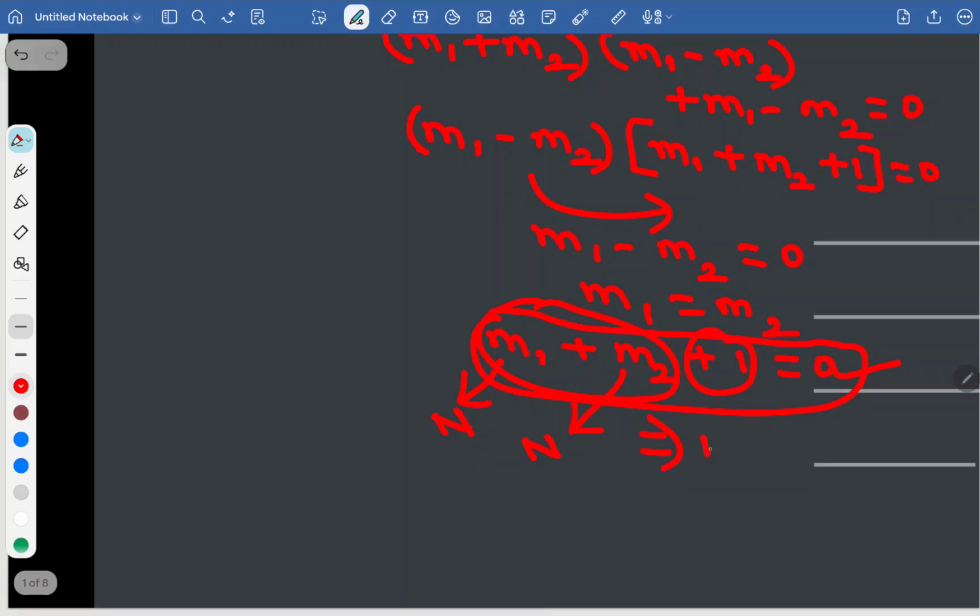The sum of two natural numbers plus 1 is not equal to 0. Therefore, the condition m1 plus m2 plus 1 equal to 0 is not possible. Therefore, only m1 equal to m2 is possible.